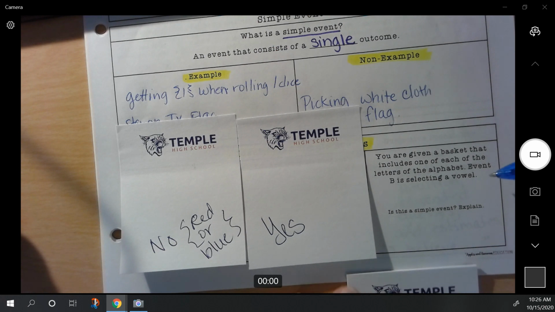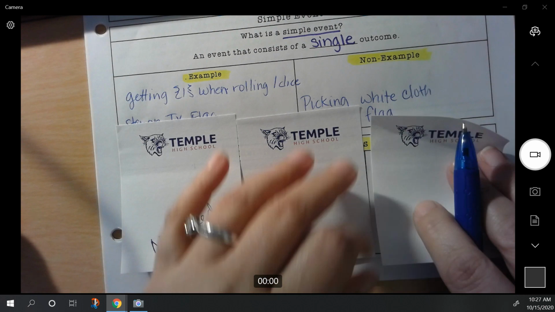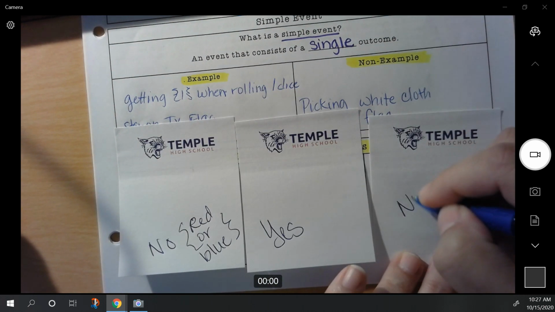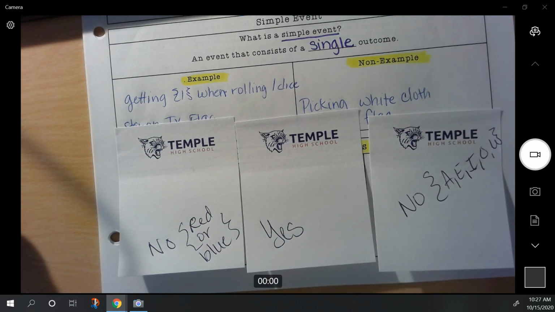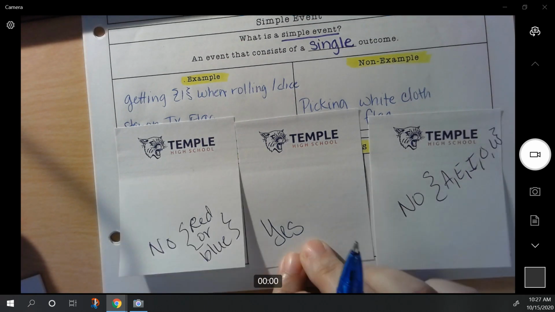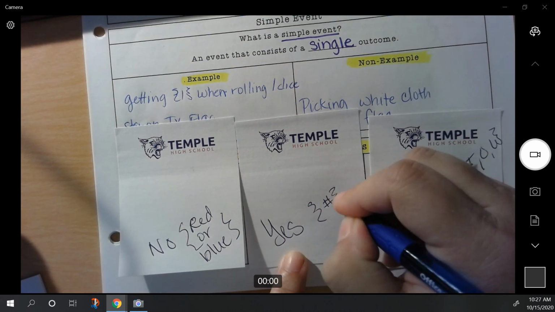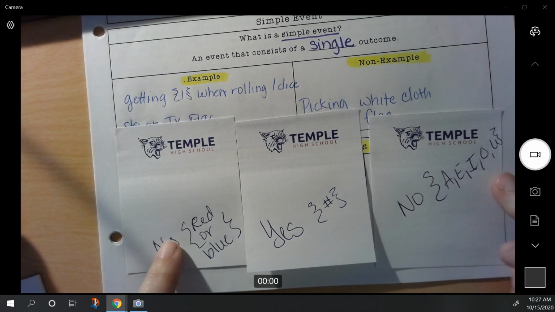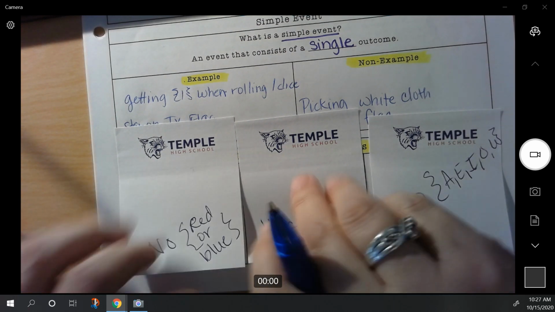The event is selecting a vowel. So this one's a no, simply because how many vowels are there? Well, there's A, E, I, O, and U. So this one was a yes. The second one was a yes because there's only one number that they would provide for their height. The others had more than one choice that could have been an acceptable choice.